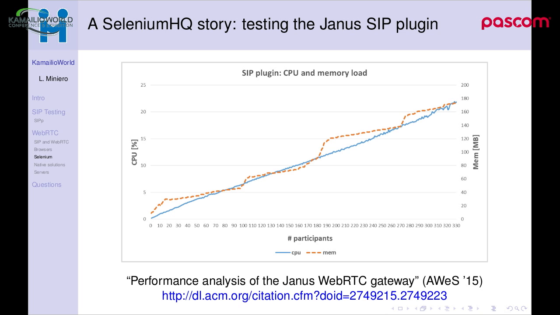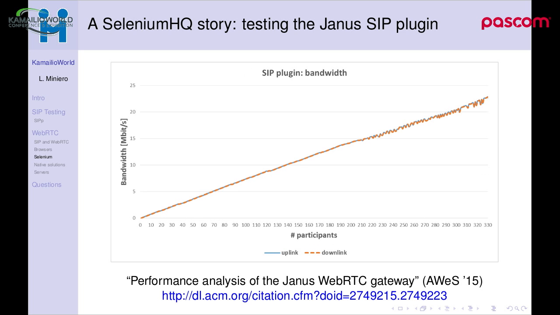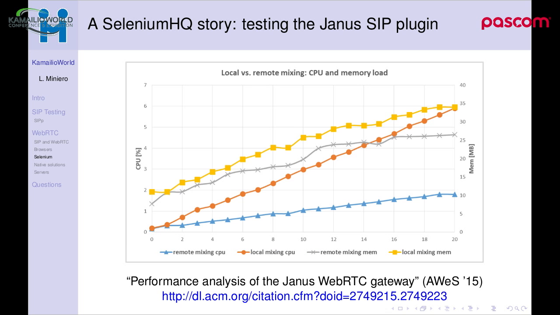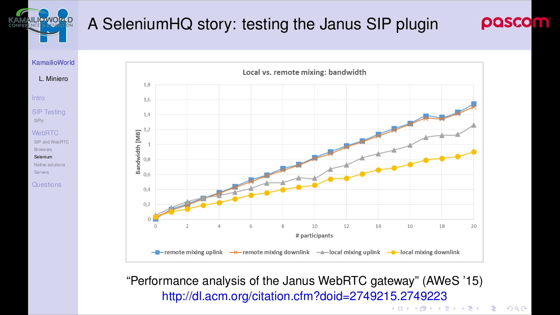So we generated a lot of calls using Selenium and tried to figure out how Janus would handle these calls in terms of CPU performance, memory load, bandwidth, and so on, which was kind of cool, and also to do some cross-references to remote and local mixing and things like this.